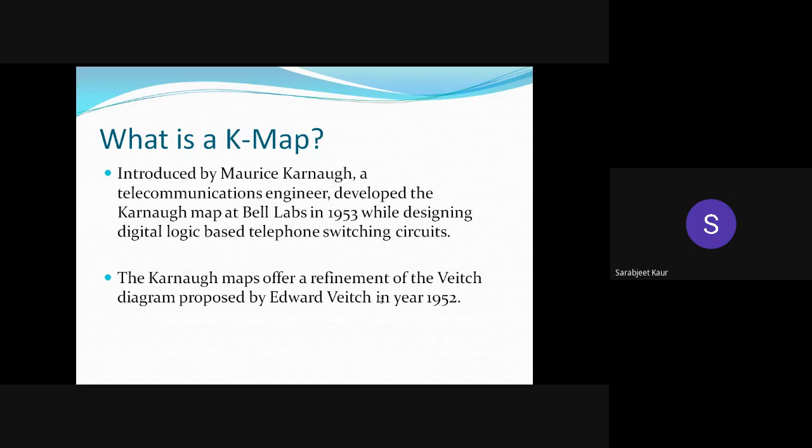He formalized the technique of using a Carnot map. The Carnot maps are basically an advancement over another diagram, which we know as the Veitch diagrams, which were proposed by Edward Veitch in the year 1952.